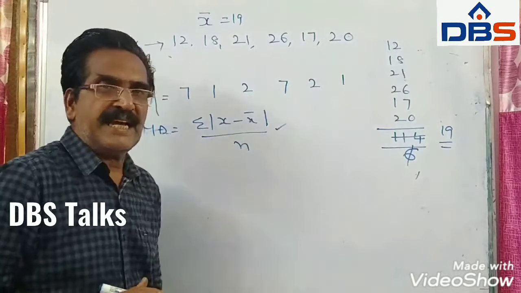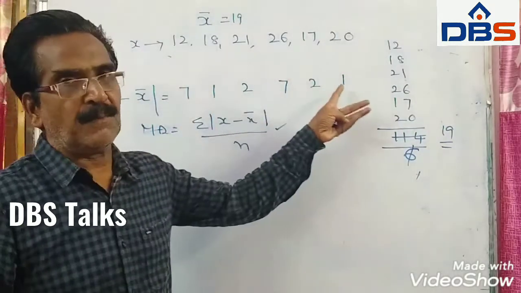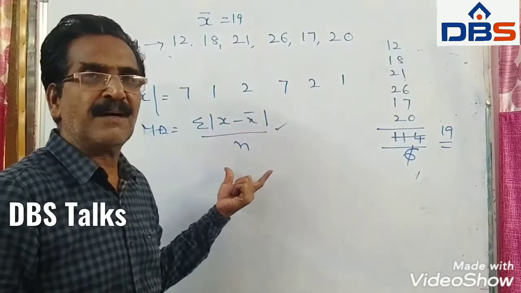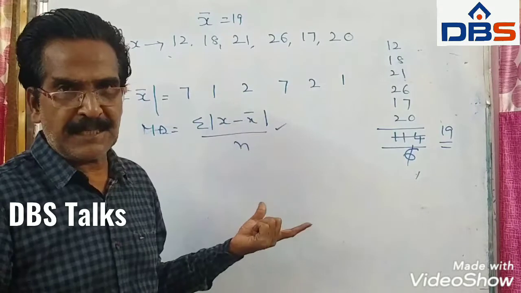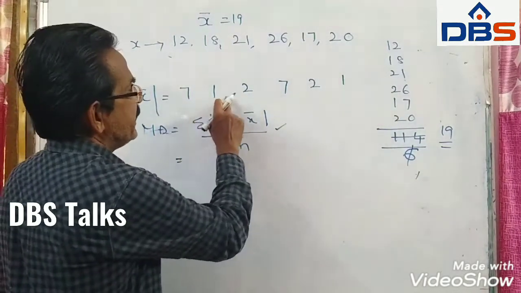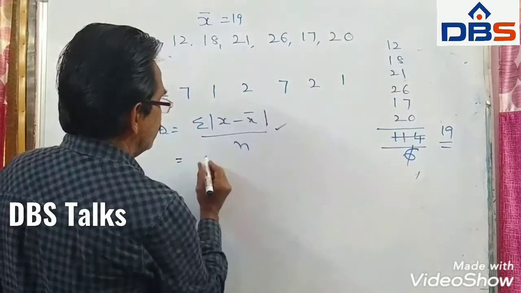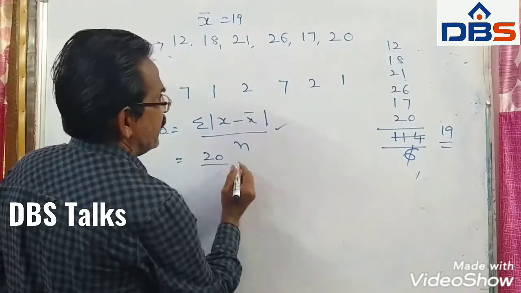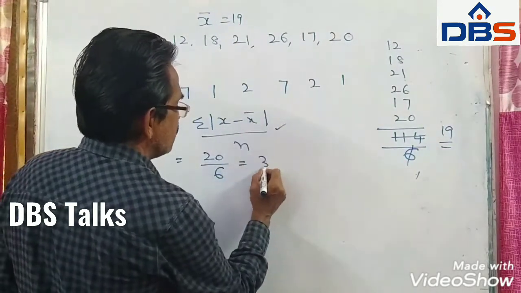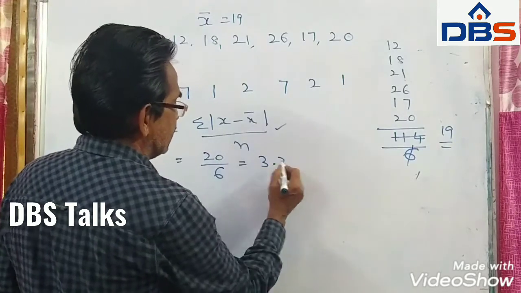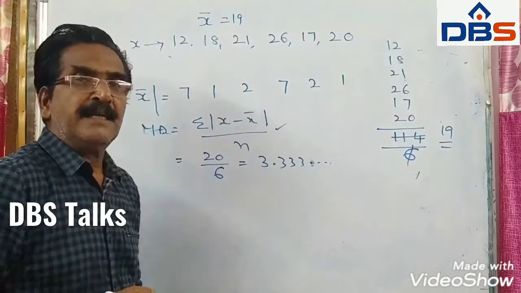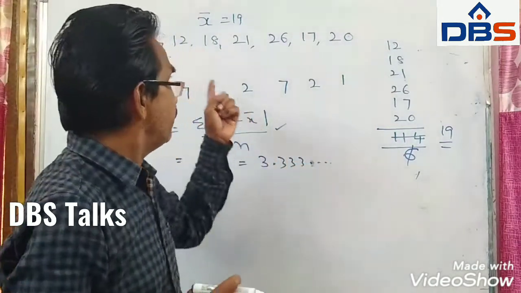This is the average. We make the sum of these deviations by the number of observations. That gives you the average. So this is equal to 7 plus 1, 8, 10, 20, 20 by the number of observations, which is 6. 20 by 6 is 3.33, the mean deviation of the given scores.